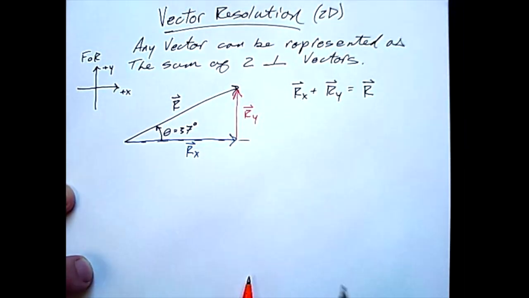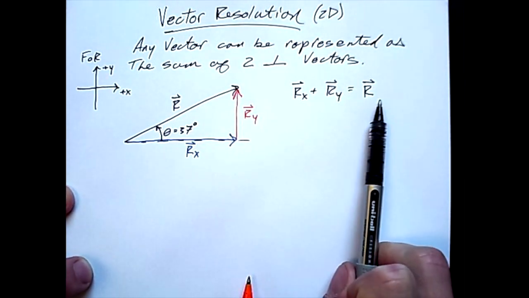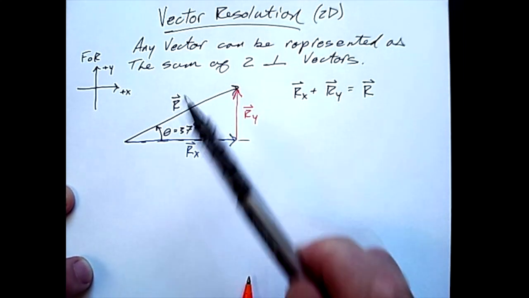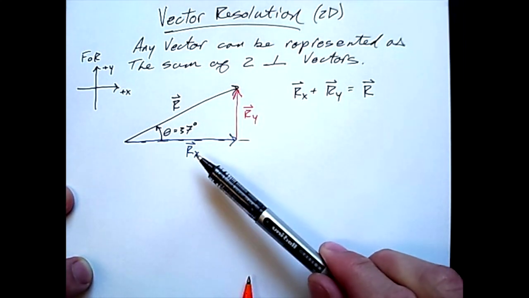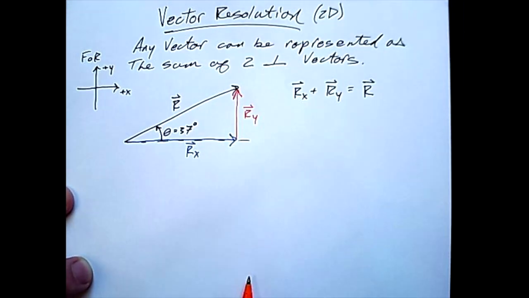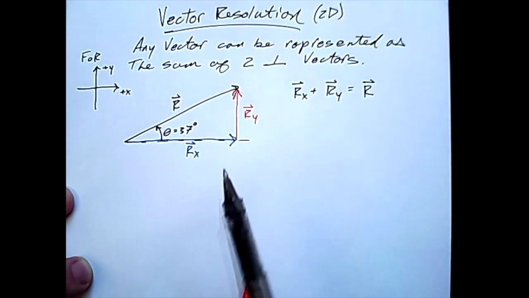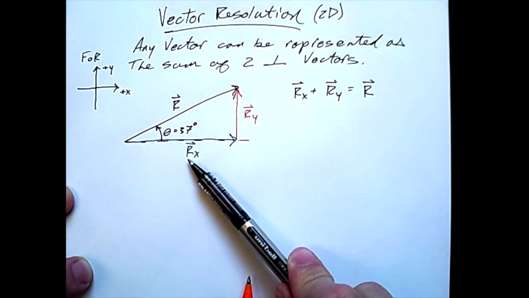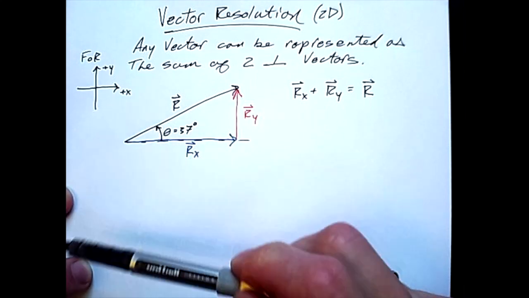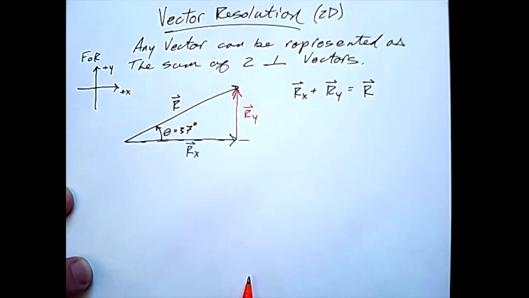Now keep in mind that these are vectors, and so it's not a direct sum of this side plus that side equals that side. Instead, it is Pythagorean theorem, r x squared plus r y squared equals r squared in terms of magnitude. And then the direction, the plus or minus, is dependent on our frame of reference, and that will be used once you separate into the x and y directions.